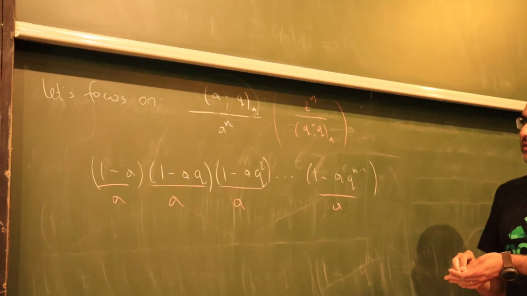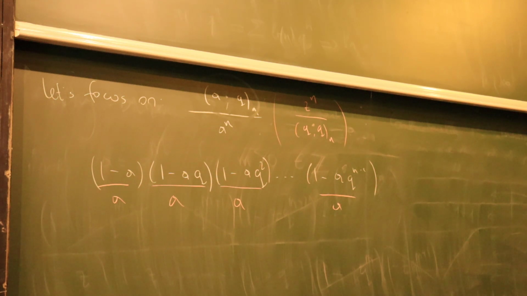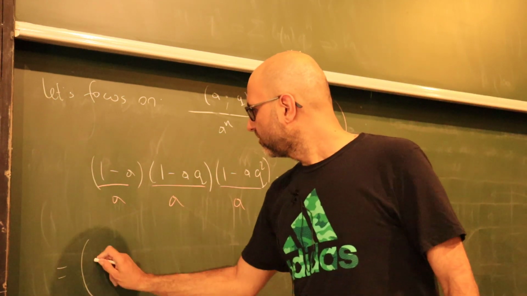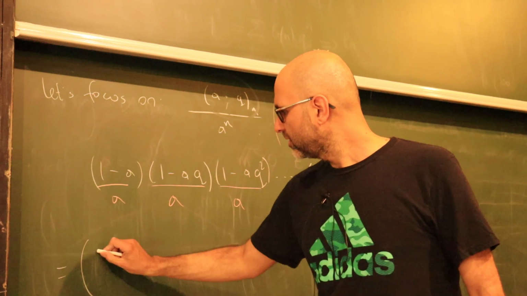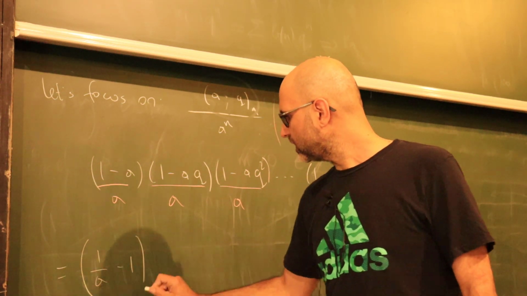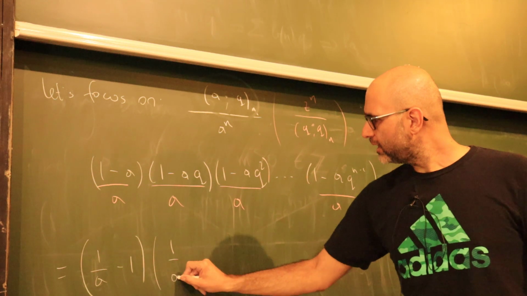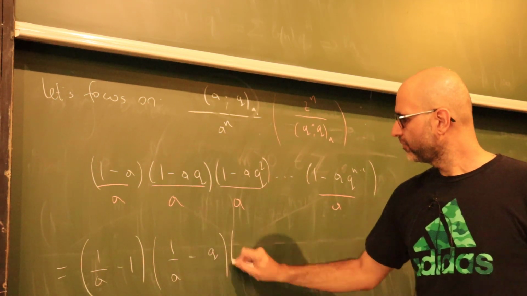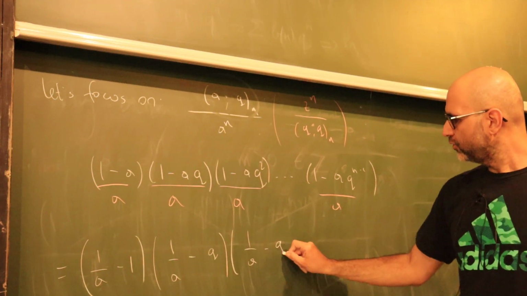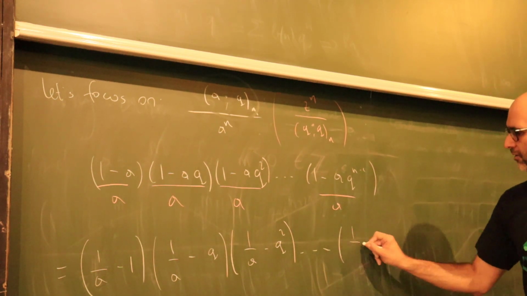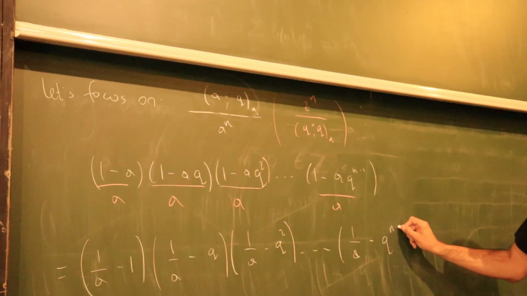And then perform the fractional subtraction. Now, separate the fractions, which means that you have (1/a minus 1), (1/a minus q), (1/a minus q squared), up to (1/a minus q^(n-1)).